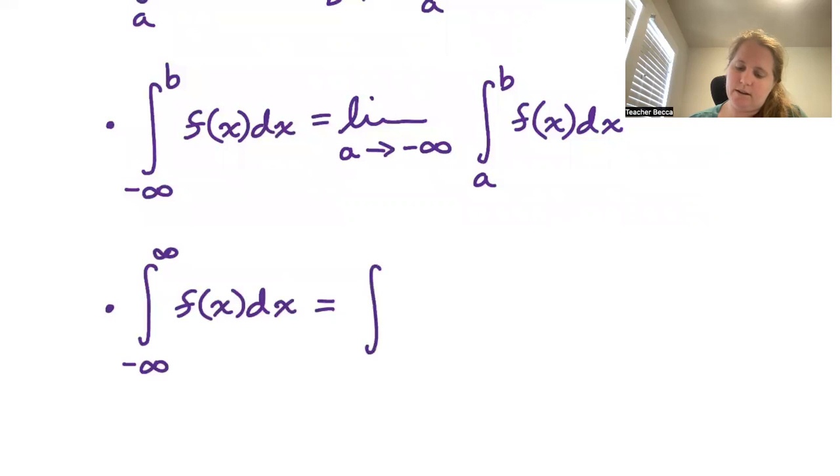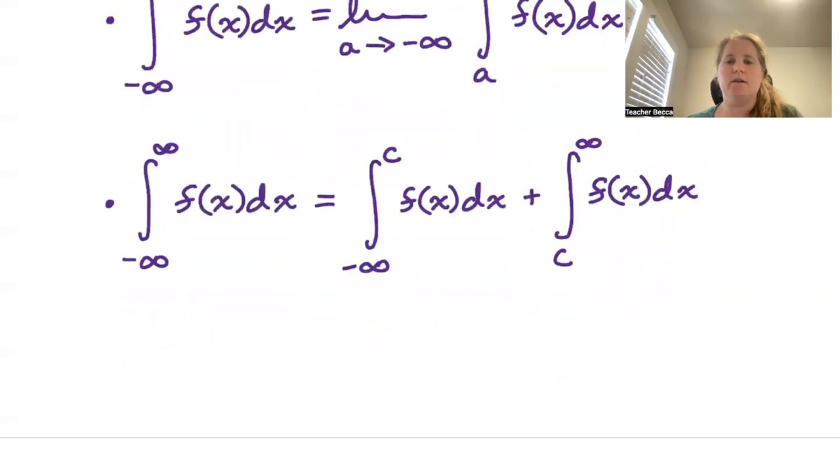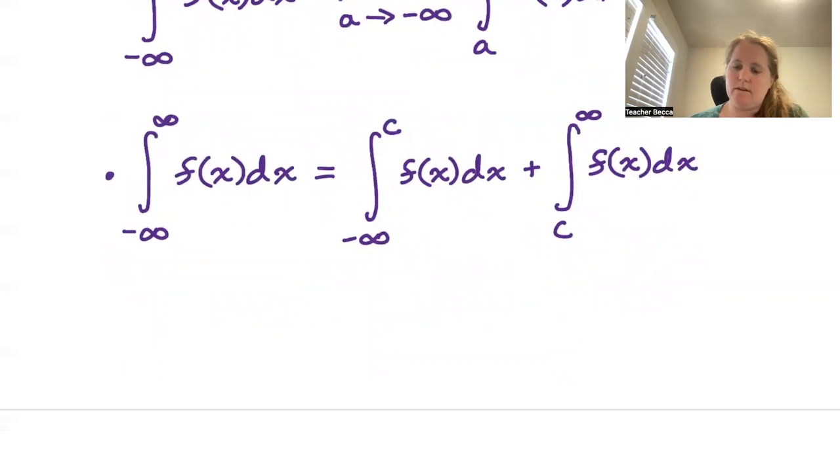We will take the improper integral from negative infinity to c of f of x dx, and then add to that the improper integral from c to infinity of f of x dx. So this is for any value c.